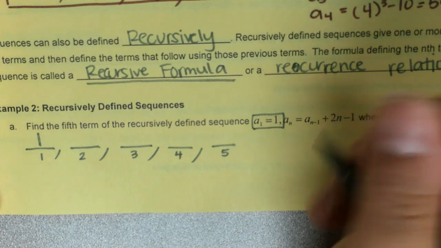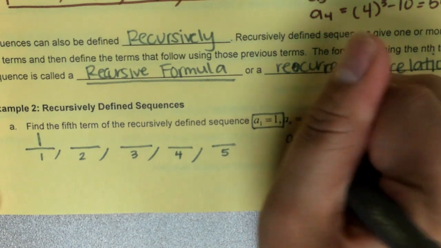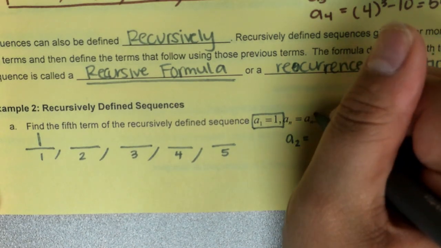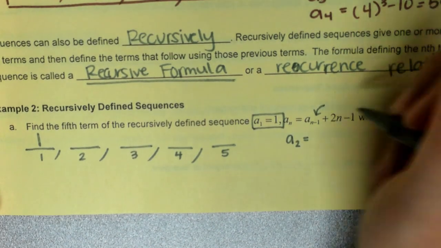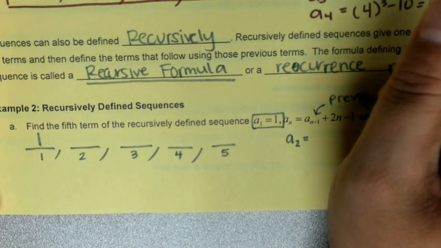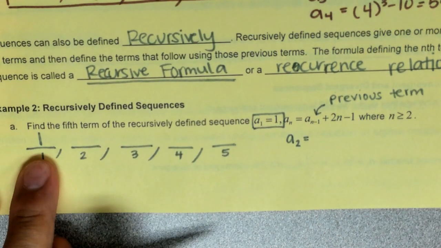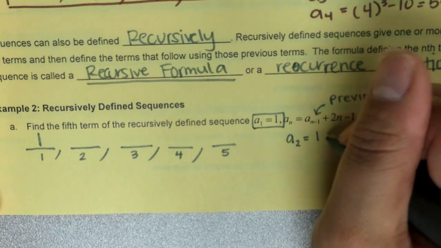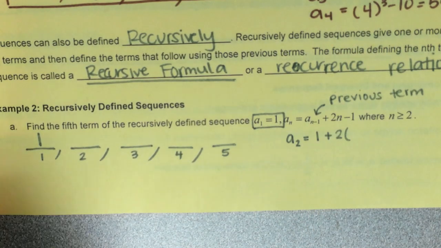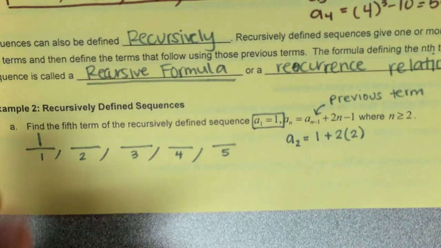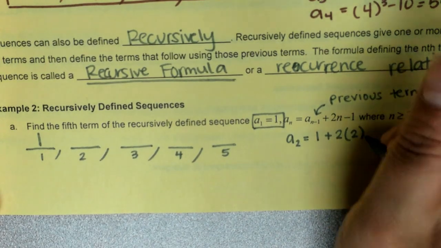How do I find the second term? What does this mean right here? The previous term. So what's my previous term here? So 1 plus 2. What's the n value here? The n value, that's my term value, minus 1.